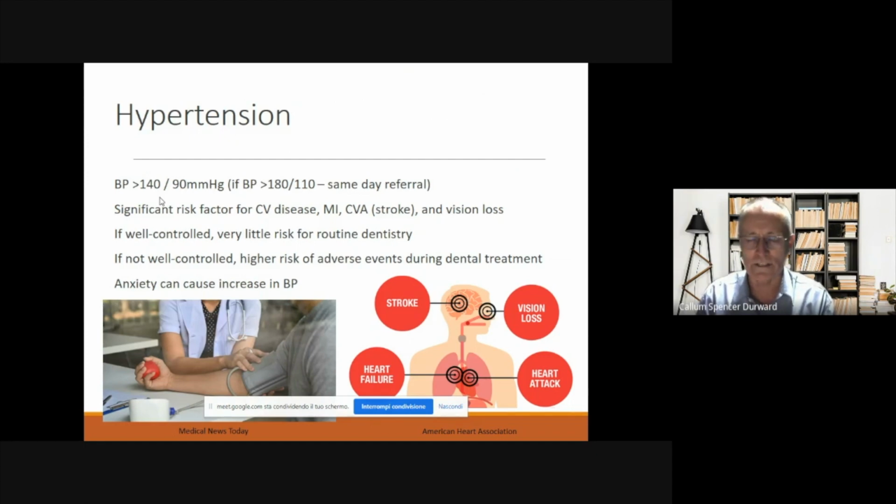Hypertension is a significant risk factor for cardiovascular disease, myocardial infarction, cerebrovascular accident, and vision loss. But if well controlled, hypertension is of very little risk for routine dentistry. If not well controlled, there's a higher risk of adverse events during dental treatment. And of course, anxiety can cause increases in blood pressure in the dental clinic.